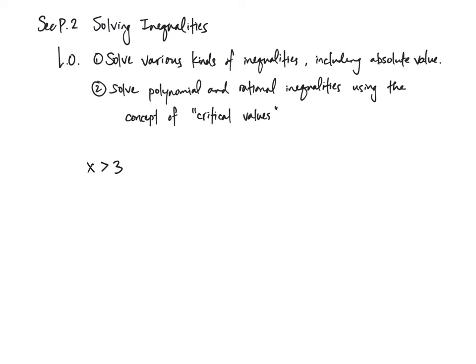Now, interval notation is written a little bit differently. If you think about what a number line representation would look like, the number line representation of x is greater than 3 would look something like this, right? Looking at this number line from left to right, the solution set starts from numbers bigger than 3.